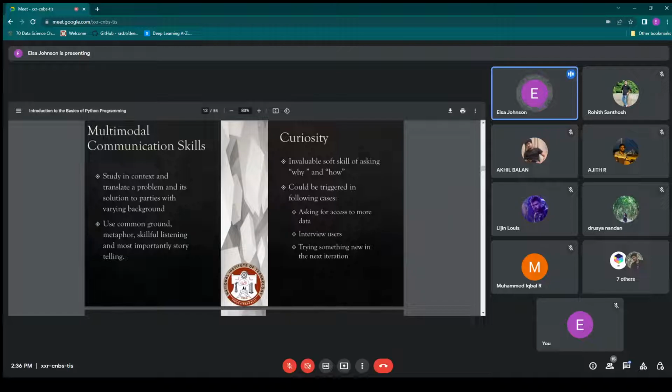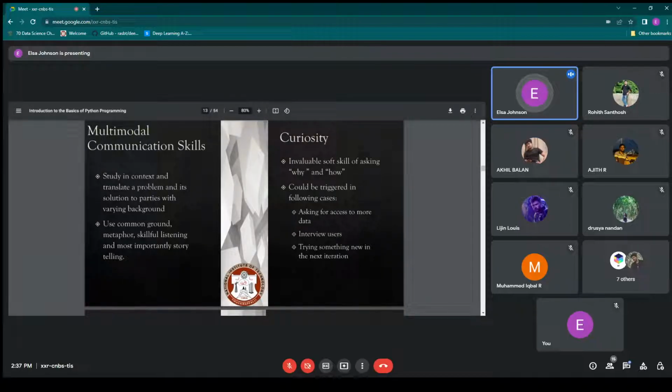Whatever you find from the data, you should be able to convince your directors of the company, as well as talk in layman terms or in technical terms to the engineers present in the company, and also to the technicians at the lower level. You should be able to convey your findings to the technicians also.